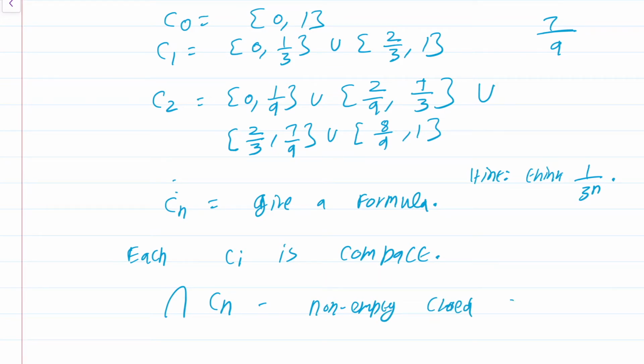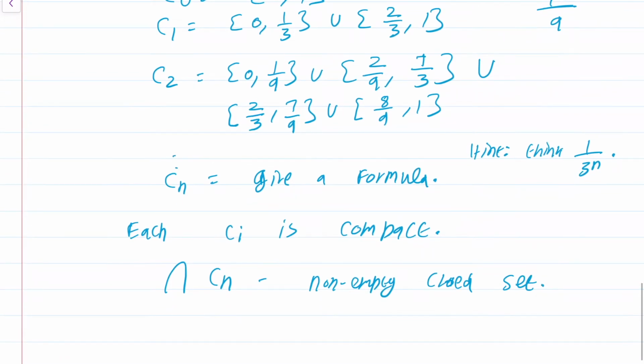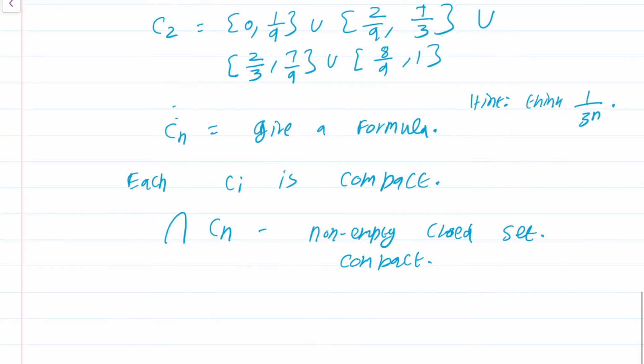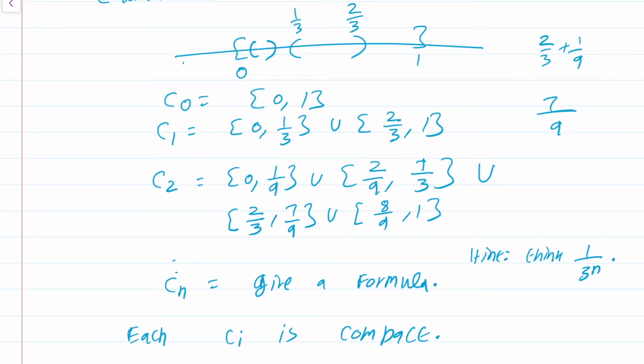Why is it going to be non-empty? Because by Cantor's intersection theorem, this is going to be a closed set, but it's also a bounded set, therefore it's compact. It's a closed set because it's an intersection of closed sets. So we have defined this set C, the Cantor set, as the intersection of the sets obtained by successively removing the middle 1/3 starting with the interval [0, 1].